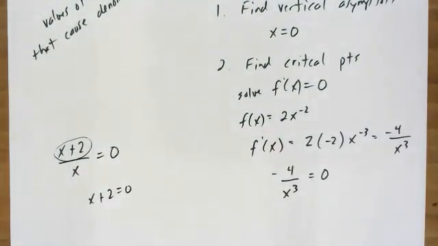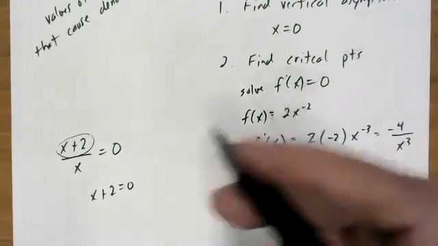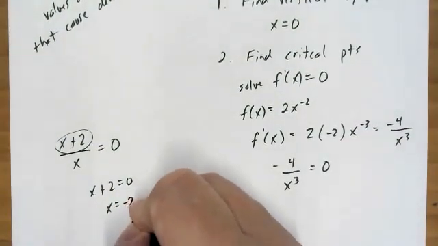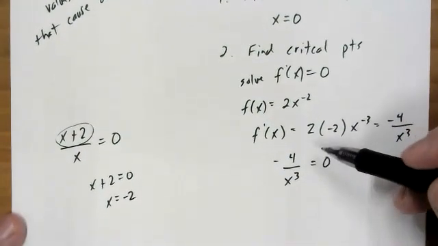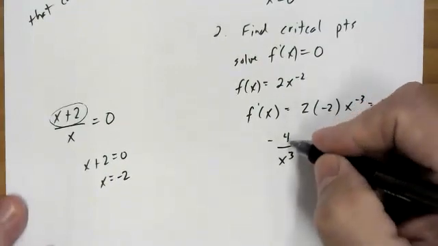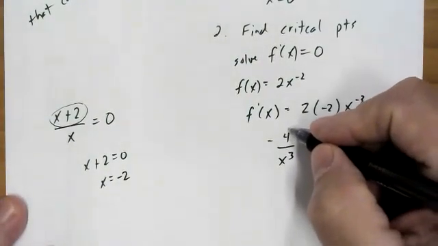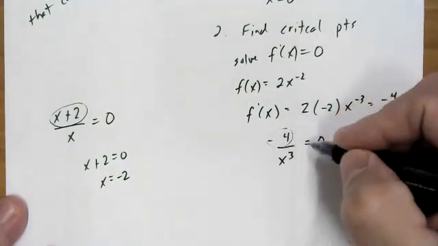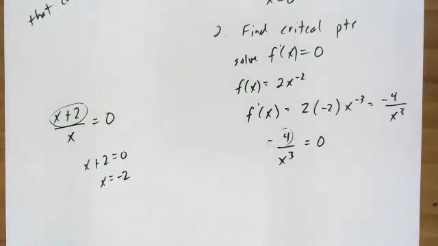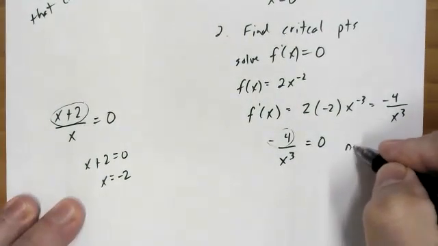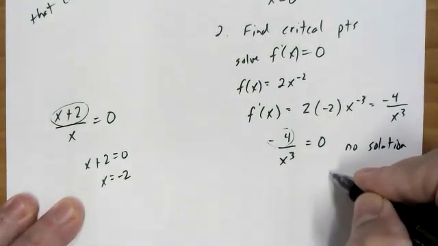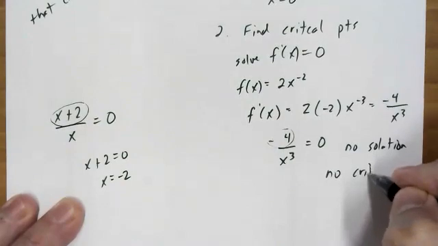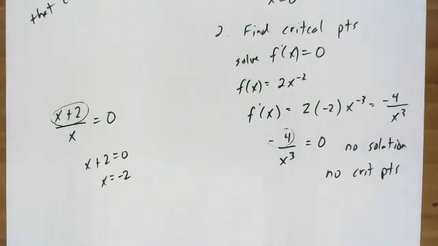It's almost like you can ignore the denominator. So in this case, the solution is -2. If I apply the shortcut here, you take the numerator and set it equal to 0 and solve it, but there are no variables in the numerator. That's why with this little equation here, there's no solution, which means there are actually no critical points.